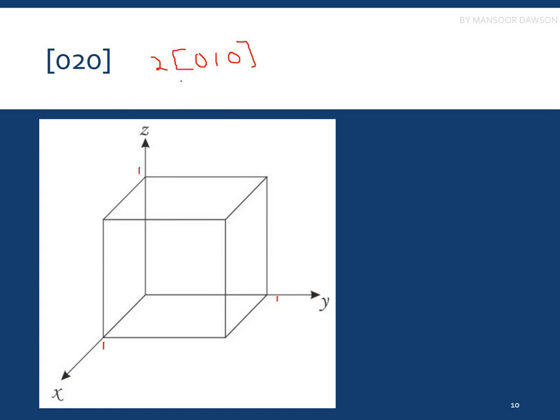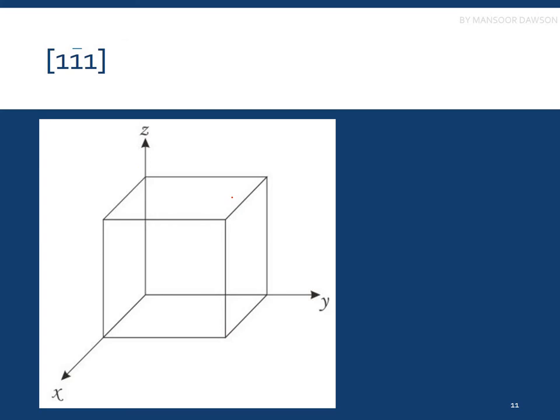From the origin, x is 0, so we won't be going towards this side. Y is 1, and z is 0, so we'll just draw it as an arrow. So basically 0 2 0 would be equal to 0 1 0.